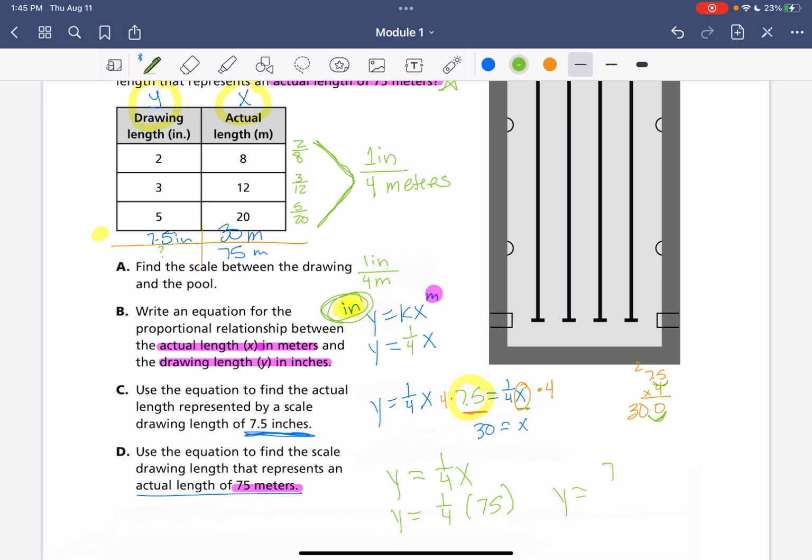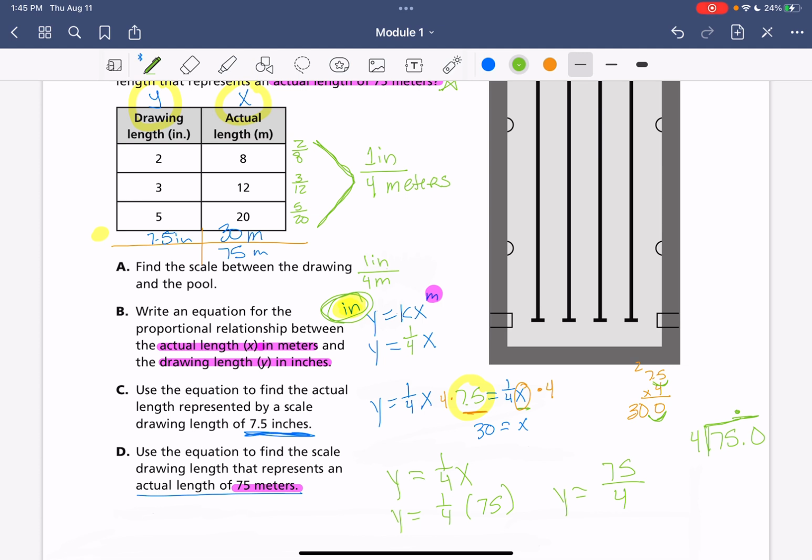Y equals 75 divided by 4. Again, let's do that on the side of our paper. If you need to, do your decimal. Don't forget to bring it up. And then put it into a sentence. When we get there, what is that referring to? We know our meters. So that means we're trying to figure out our inches, our scale drawing length.